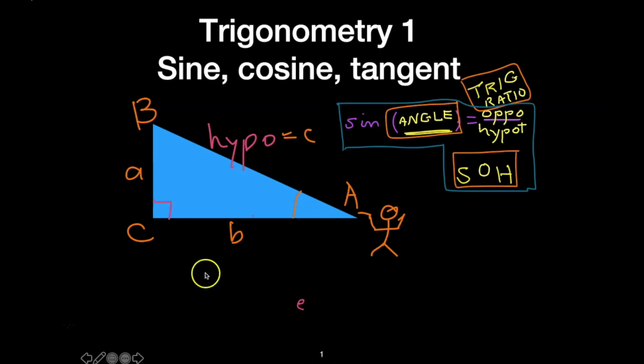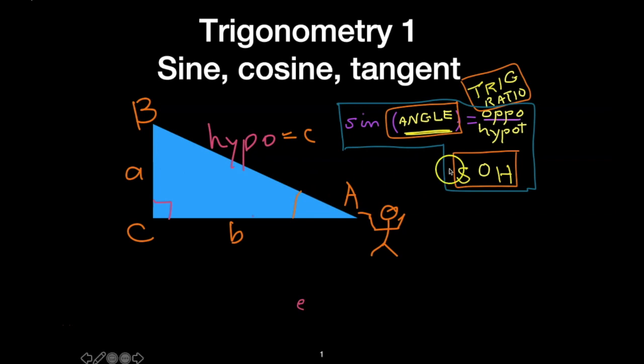So you'll notice here that the sine of an angle, now we're going to talk about angle A here, is opposite side over hypotenuse. And so the opposite side from A is little a, and the hypotenuse is little c.